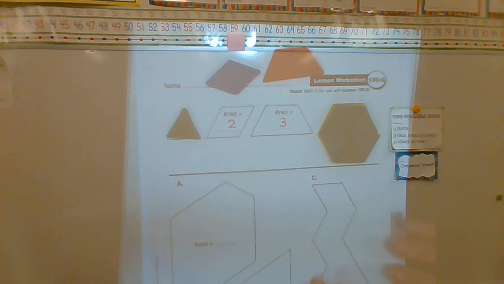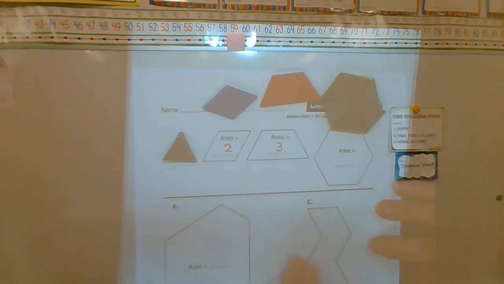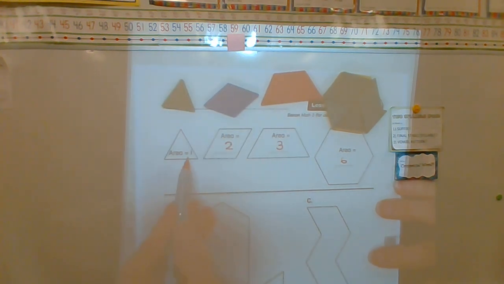If it takes 6 triangles to cover the hexagon, what is the area of the hexagon? It is 6. That's right. So now we can see our areas: 1, 2, 3, and then of course the hexagon is 6. Okay, so that is the area, or measuring the inside of each shape.